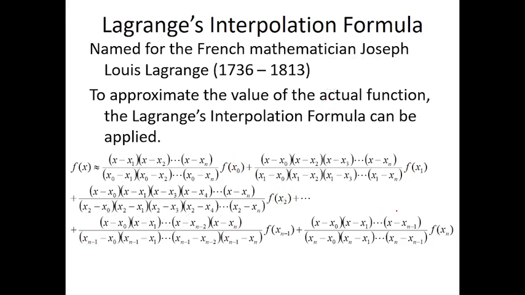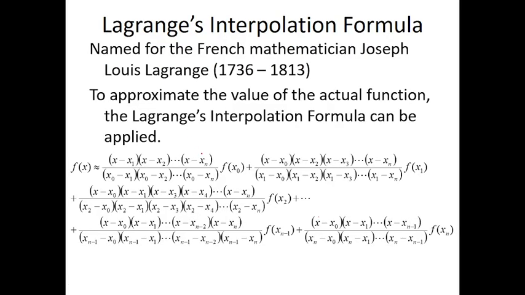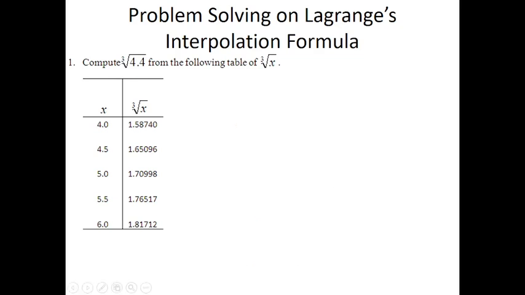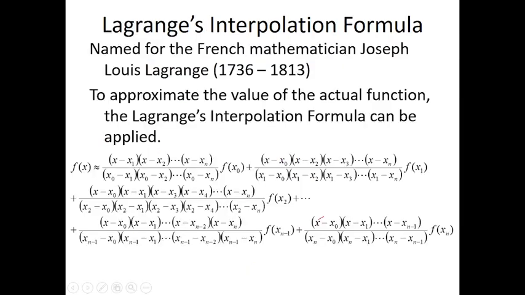So for x sub n, all x values are replaced by x sub n, and then we're not allowed to have x minus x sub n in the numerator.